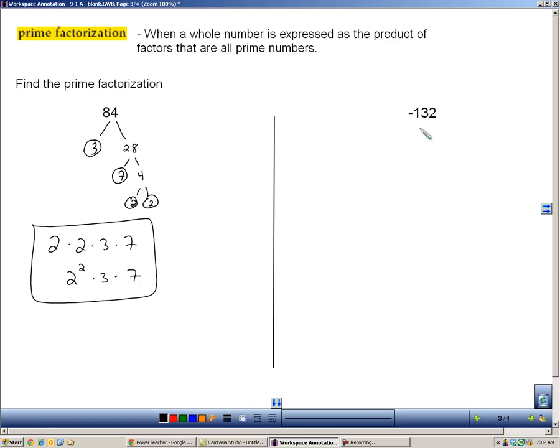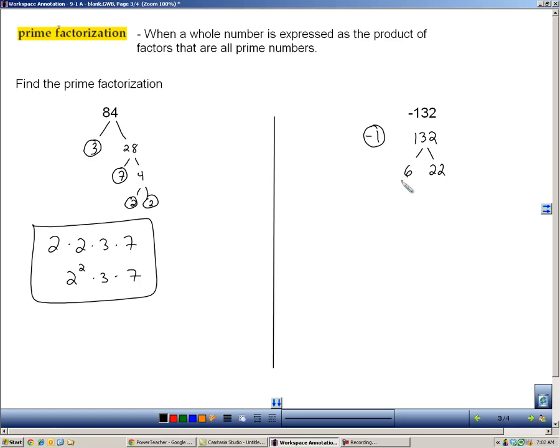So let's go over here and do negative 132. If you ever see a negative number and you write the prime factorization, one thing you should do is just break it up into negative 1 times a positive 132, and then include this negative 1 in your final answer. So now we'll just look at 132. 6 times 22 is 132.